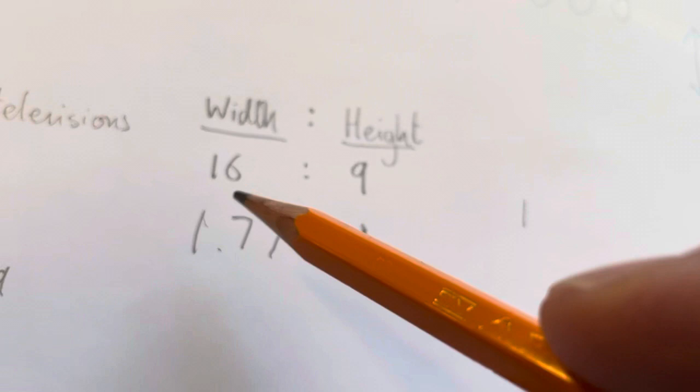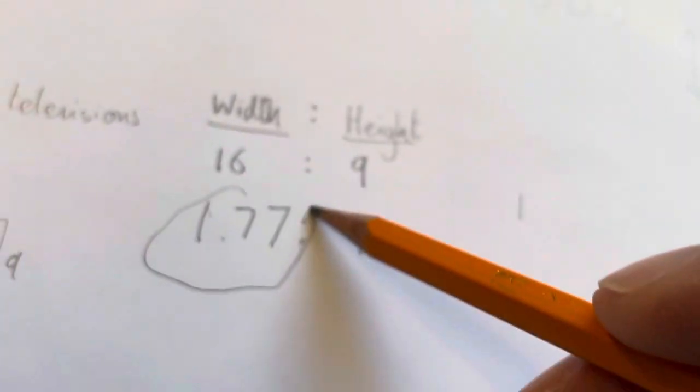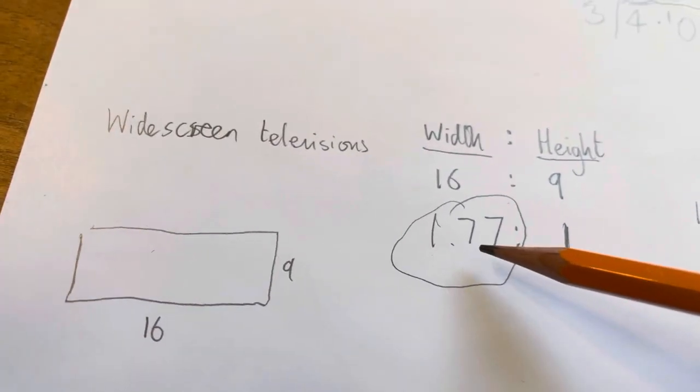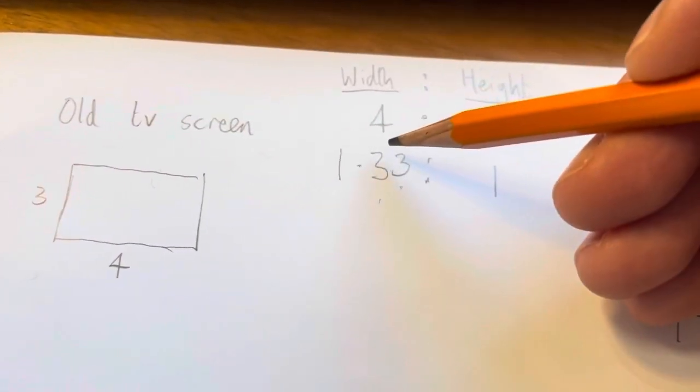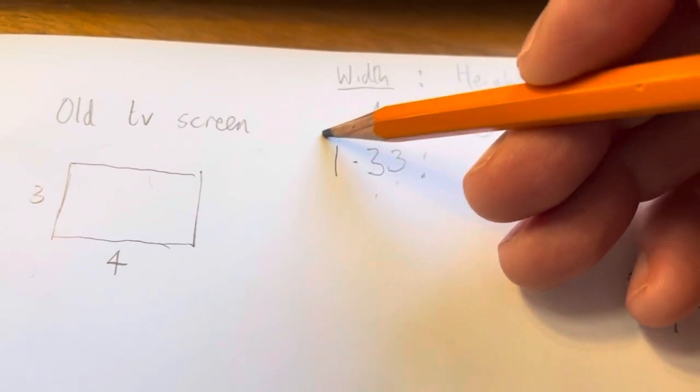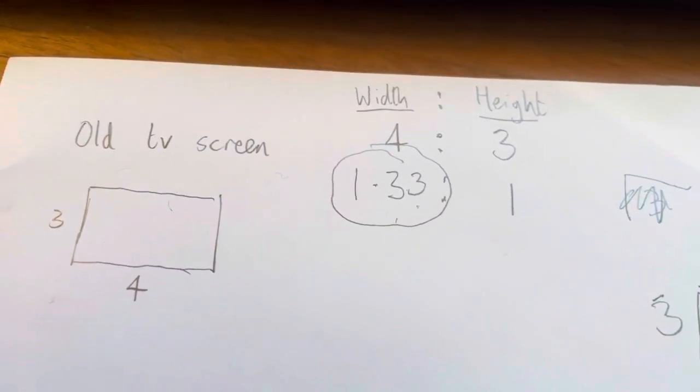So these are the magic numbers, really. For every centimeter of height on the widescreen, multiply it by 1.77. For every centimeter of height on the classic 4:3 television, multiply it by 1.33.